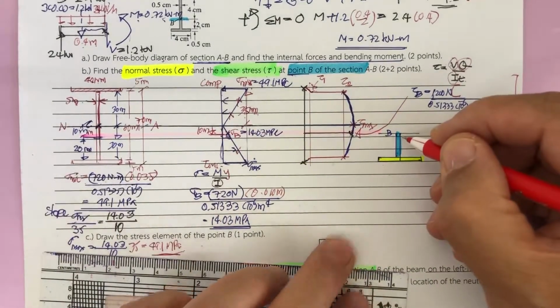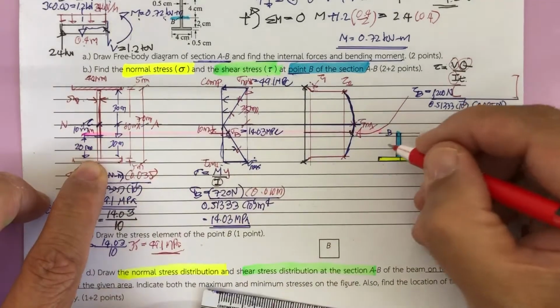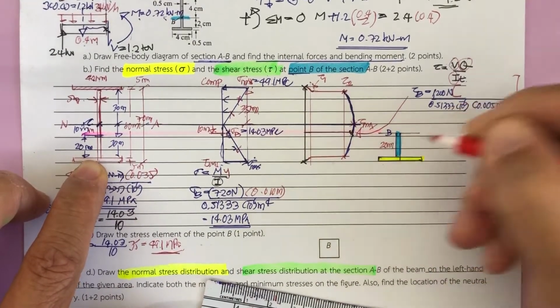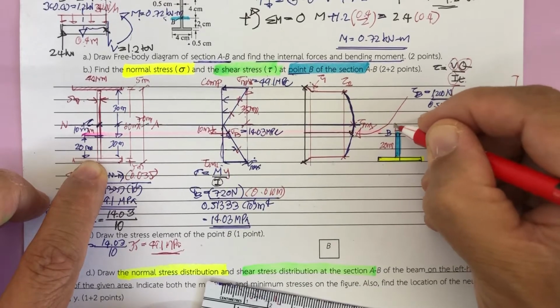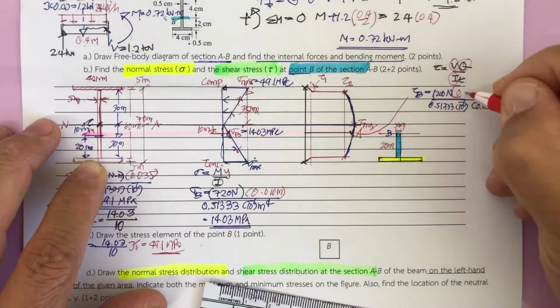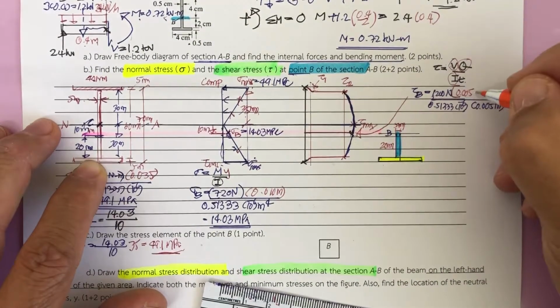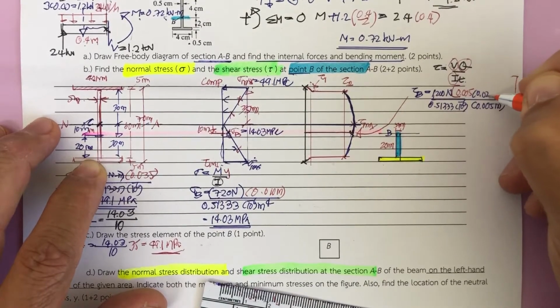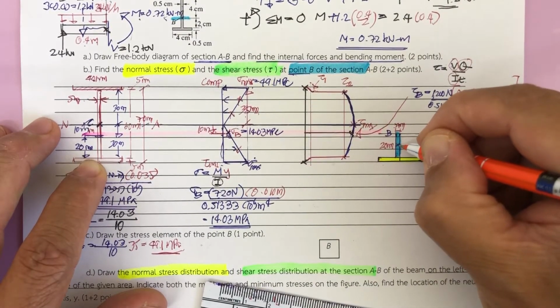So this is this length. You cut it here. This is only 20 millimeter, and the width of this is only 5 millimeter. So the first one you will have 0.005, and then times 0.02.